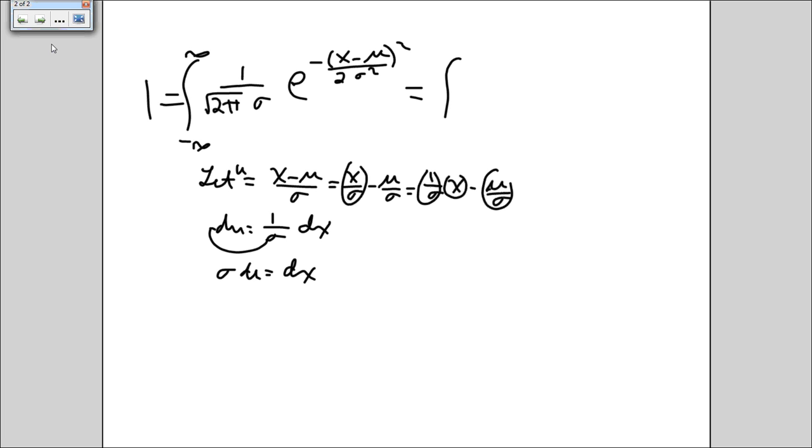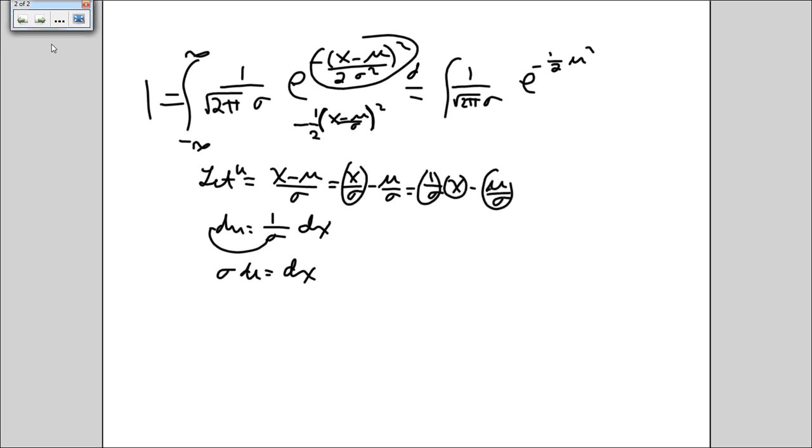We have the integral from negative infinity to infinity of 1 over the square root of 2 pi sigma times e. Now, we can think of that power as negative ((x minus mu) over sigma) all squared, but let's not forget the half. You get negative 1/2, and what's inside the brackets is exactly what we are calling u, so negative 1/2 u squared.